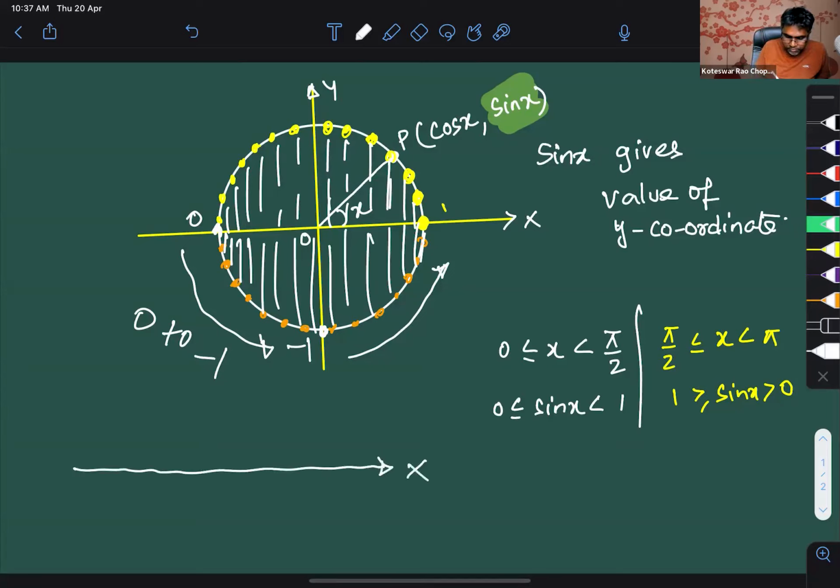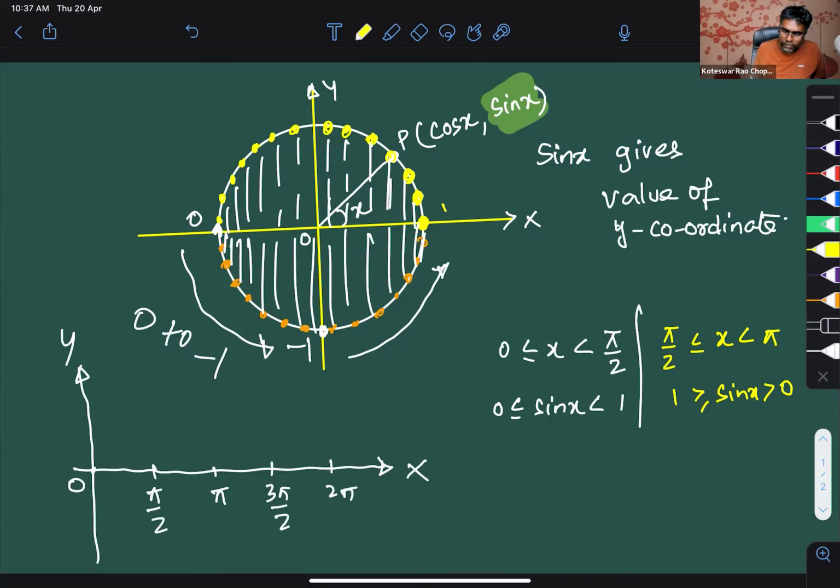Now if you take one complete cycle, let's say, if I draw the graph, this is x, and this is y. So let's say you're going from 0 to pi by 2, and then pi, and again 3 pi by 2, and then 2 pi. What is happening here? When you go from 0 to pi by 2, your sine values are increasing from 0 to 1. So they increase like this.